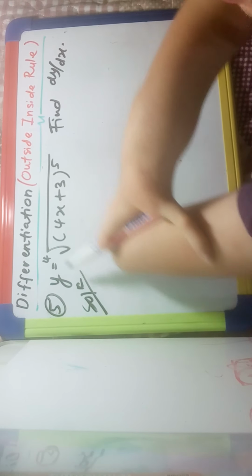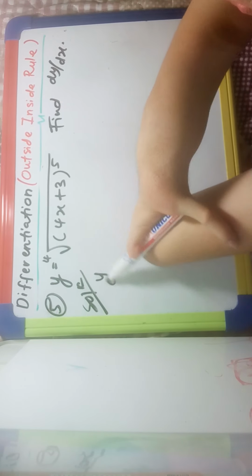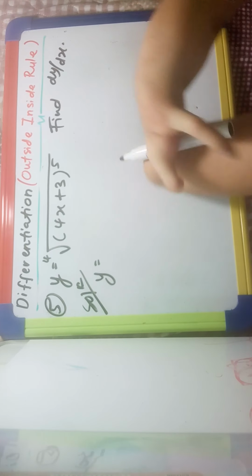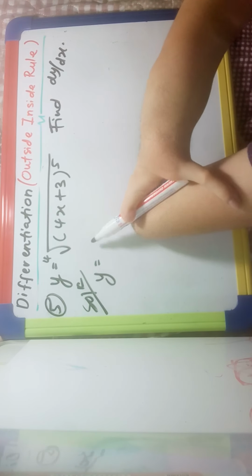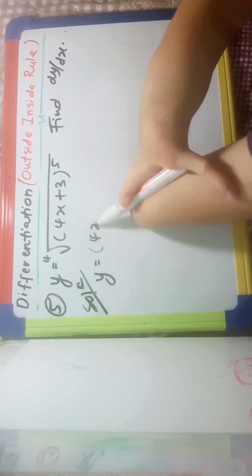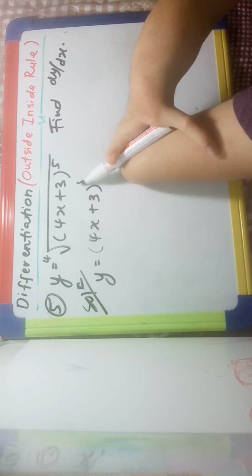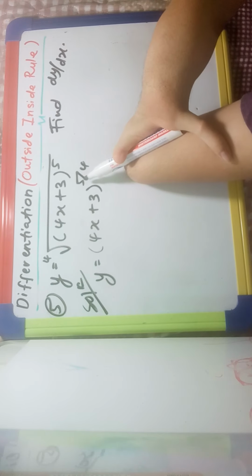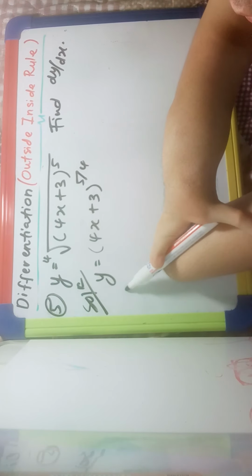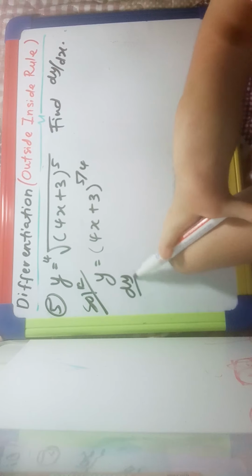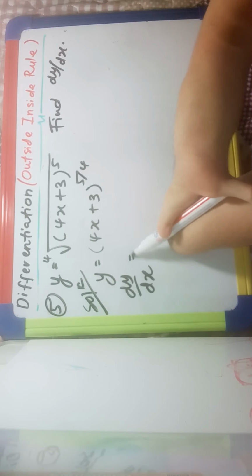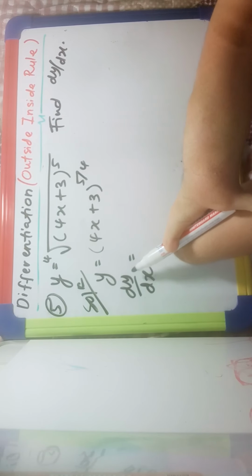Always remember, change into simple form. So I will write down 4x plus 3, to the power of 5 over 4. Now I want to find dy over dx using outside and inside.